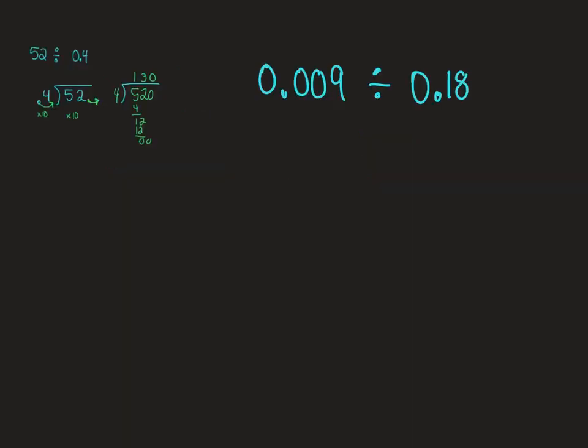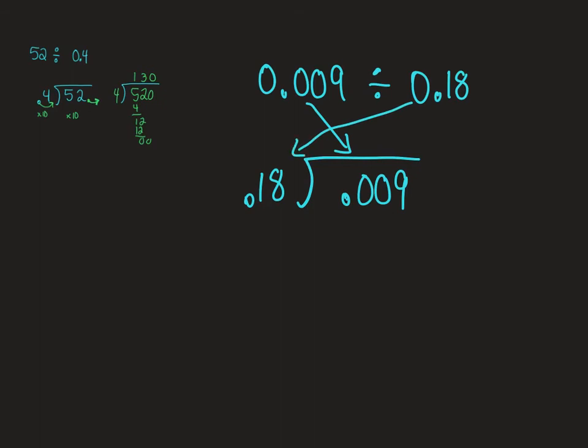All right, let's look at this one. Now, before I draw the house, are you already thinking, where do each of these go? Are you thinking that the 18 hundredths goes out here and that the 9 tenths goes in there? Remember, it's opposite of how it looks. Okay, now I don't want 0.18, I want regular 18.